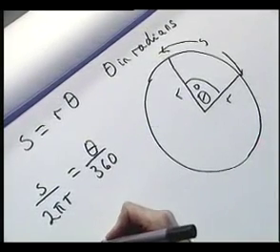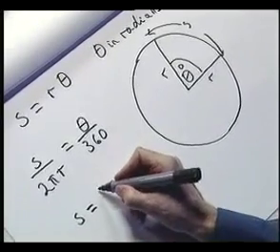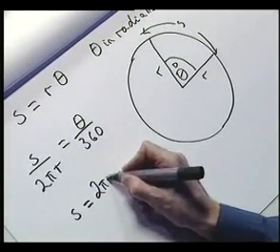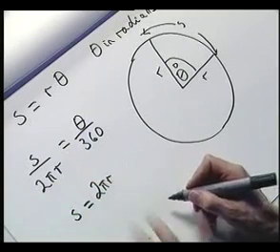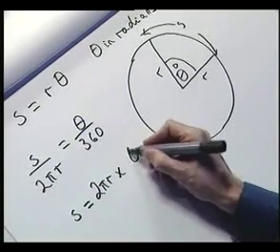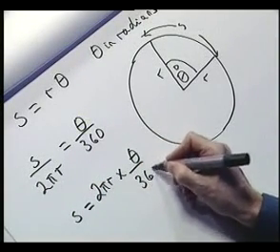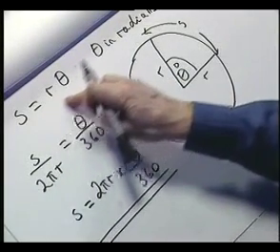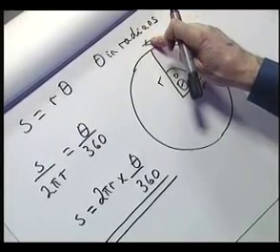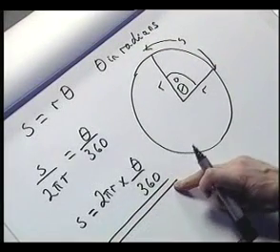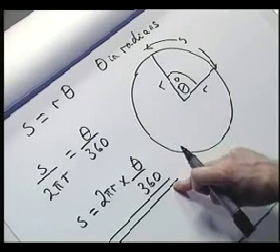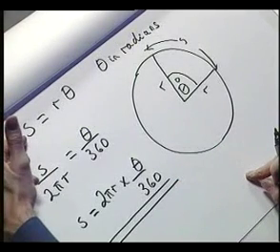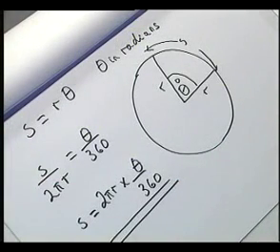And so we can calculate the arc length S as 2 pi r, that's multiplying both sides by 2 pi r, times theta over 360. So there we've got our arc length formula for theta in radians, and here's our arc length formula for theta in degrees. Notice how much simpler this one is.